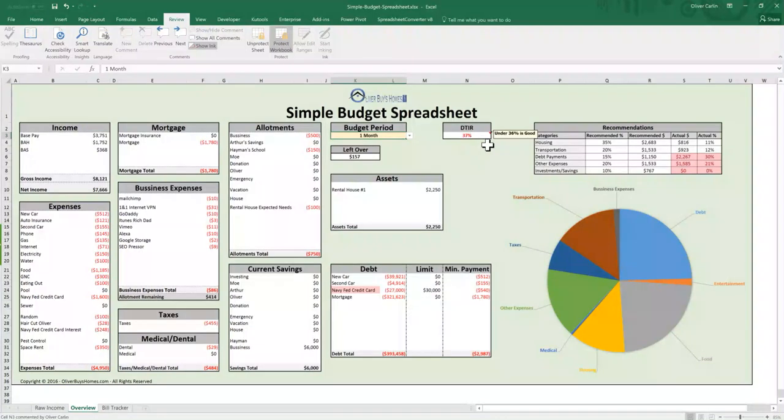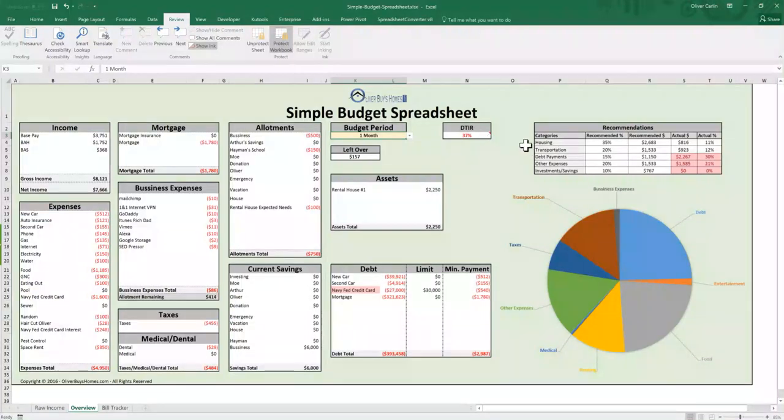This is what lenders are going to look at when they're thinking about giving you a loan. So if your DTIR is above 42%, there's a slim chance in hell that you're ever going to get a loan from them, because 42% is kind of the cutoff. Now, above 36% shows a red flag to the lender. So that's why if you're above 36 here, I make it red. That way you know, hey, I'm in a red flag zone for a lender.